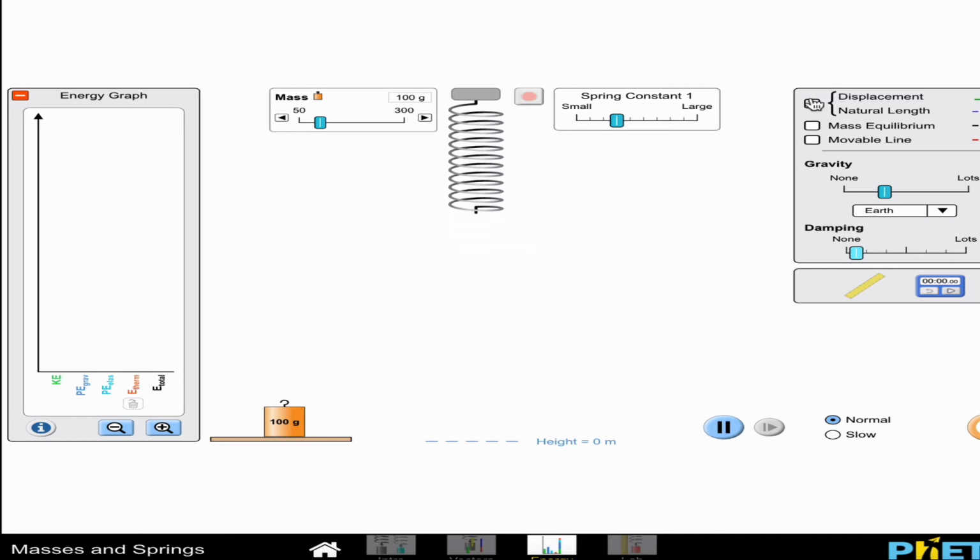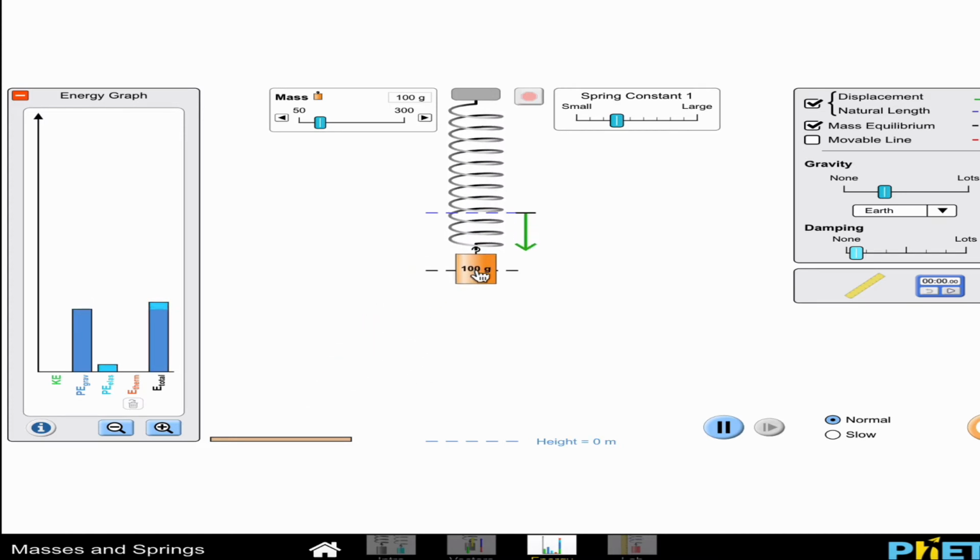So let's consider for a minute a system of a spring with a hanging mass on it. Let's put a 100-gram mass on this spring, which brings it down to a new hanging equilibrium position. We call that the equilibrium position because it's at rest. The force pulling down on it is equally balanced by the force pulling up on the spring.